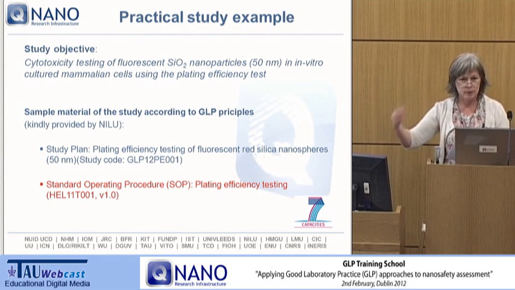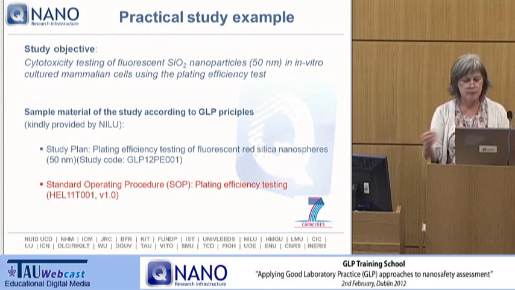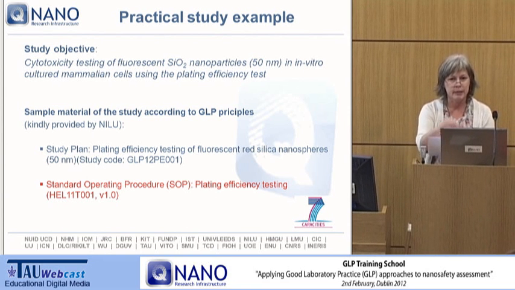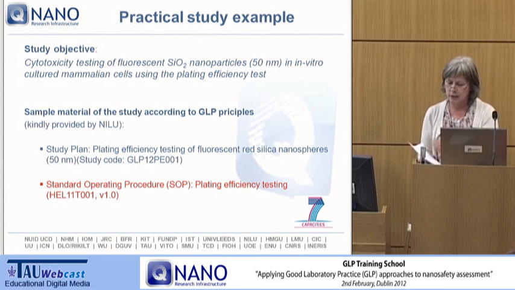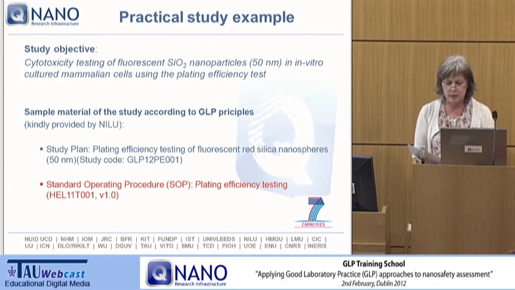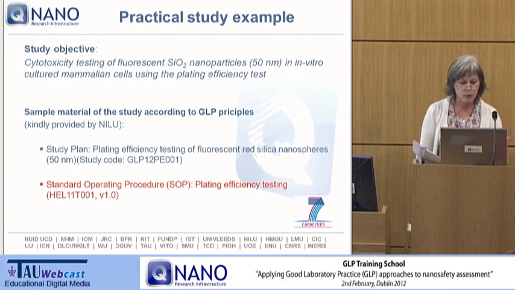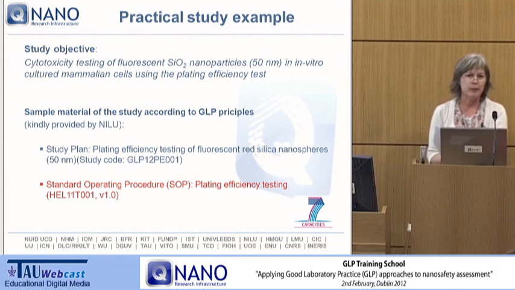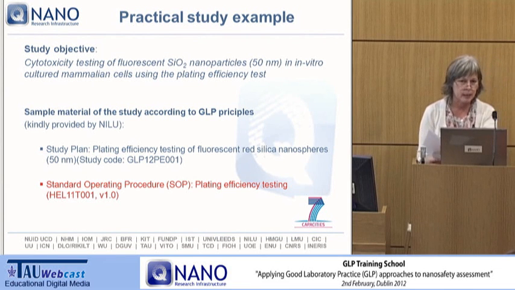When we run the study, we already have a form where we fill in the date and all identification, and all what was happening during that method: how many cells, how the calculation, pipette used. Everything is already pre-templated, so you just write a number and the number of cells.